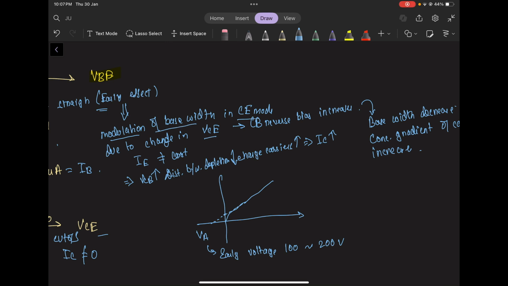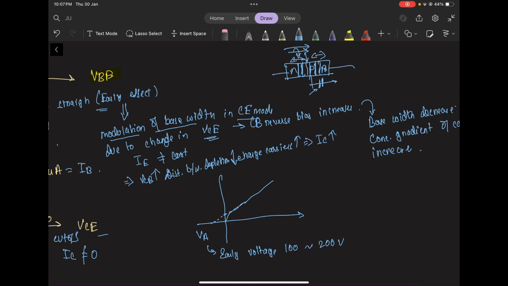When we apply a higher VC, what happens is that the depletion regions between the two diodes that we consider thicken, and as a result the base basically becomes shorter, and the gradient of charge carriers at this junction increases, thus more charge carriers flow to this side.